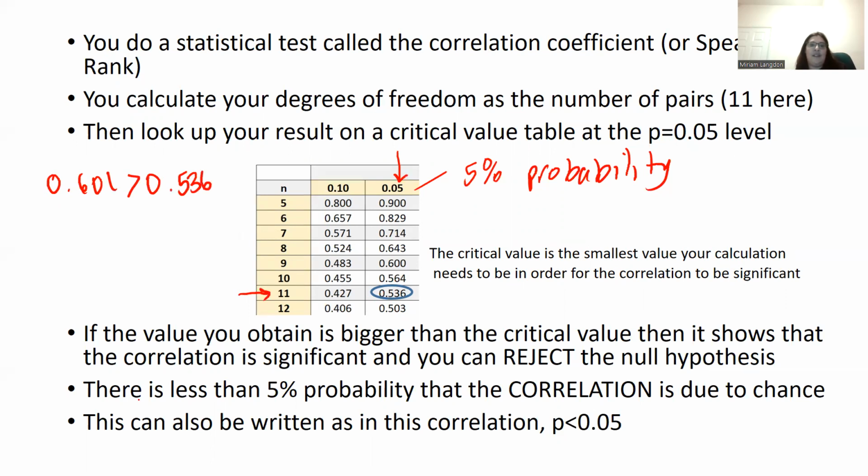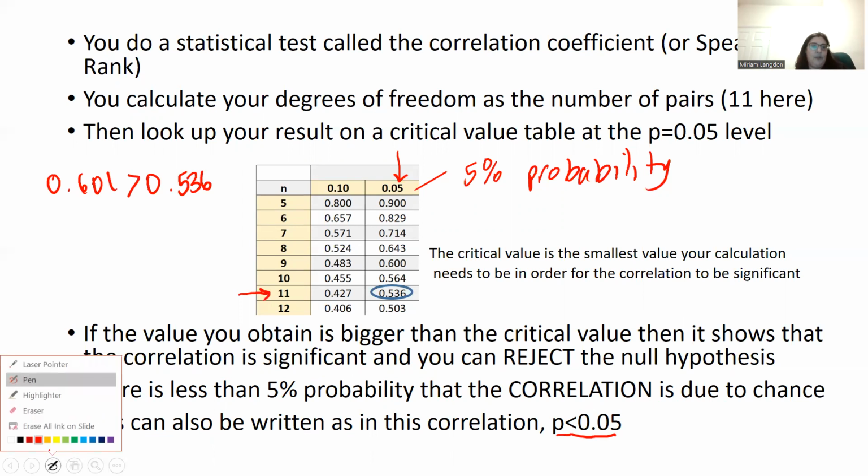So I could safely say that the correlation is significant. I can reject my null hypothesis, and there is less than 5% probability that the correlation is due to chance. And like before, this could be written simply as P is less than 0.05.